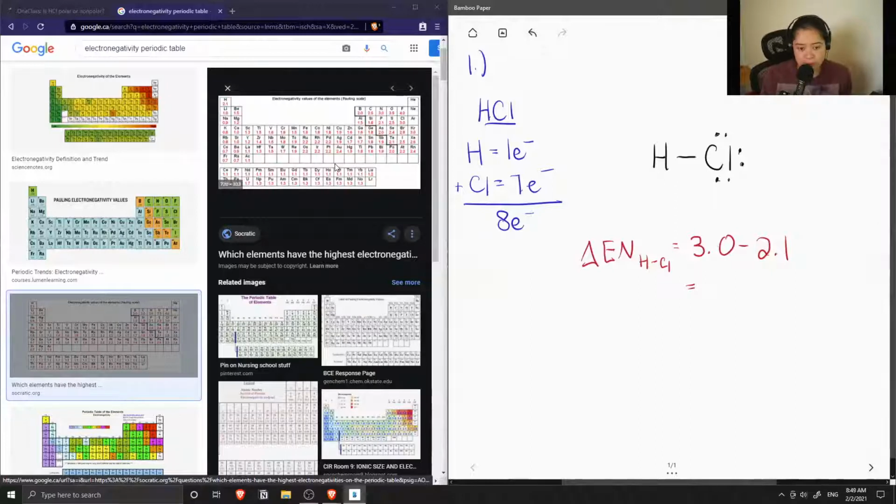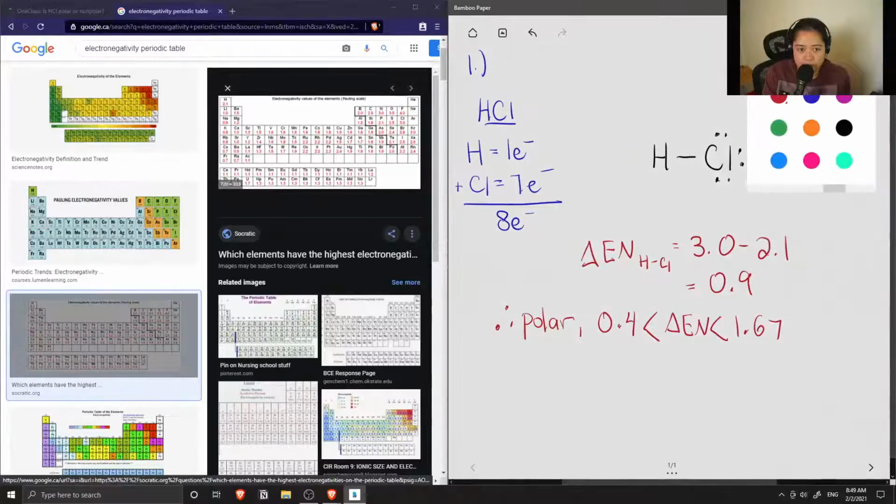Okay, so the difference between the two is 0.9. So therefore, we know this bond is polar, and this is because our difference in electronegativity is greater than 0.4, but less than 1.67.